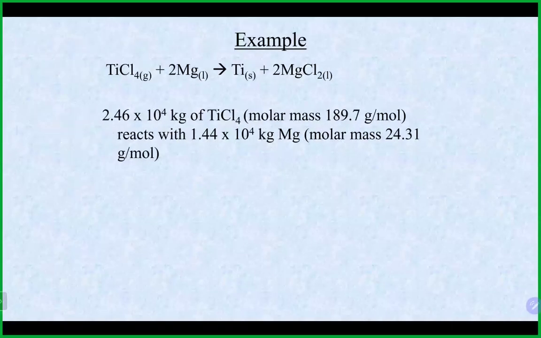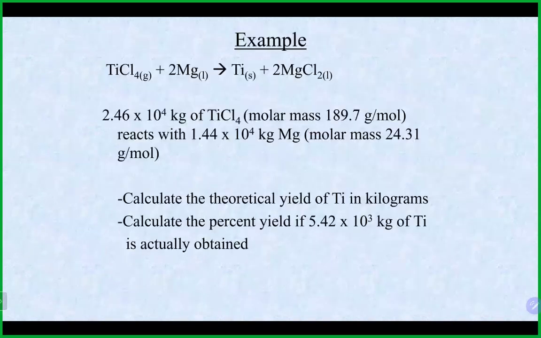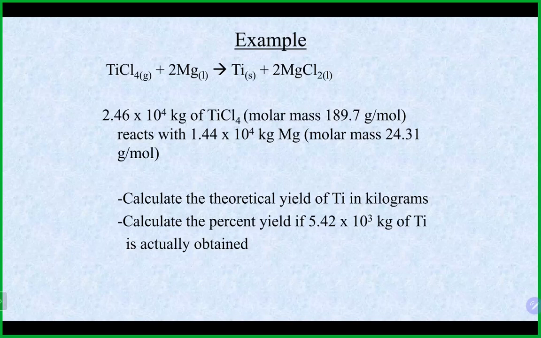All right, so let's try one here, shall we? Give it a go. We got 2.46 times 10 to the 4 kilograms of TiCl4. Molar mass from the periodic table, 189.7 grams per mole. Reacts with 1.44 times 10 to the 4 kilograms of magnesium, molar mass 24.31. What is the theoretical yield of Ti?